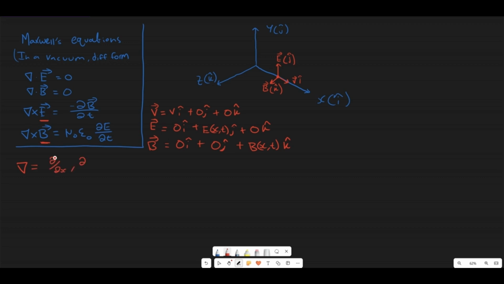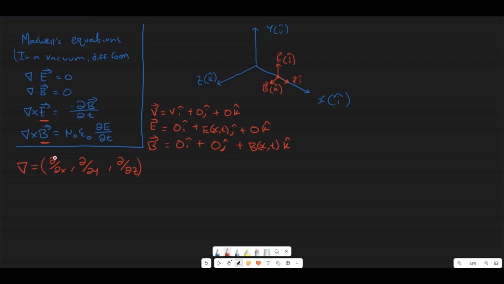So that's your partial x, partial y, and partial z. And that's a row vector. So now all the equation is asking us to do is you take the cross product of the two quantities, and then we can say that that is equal to this partial B by partial t.